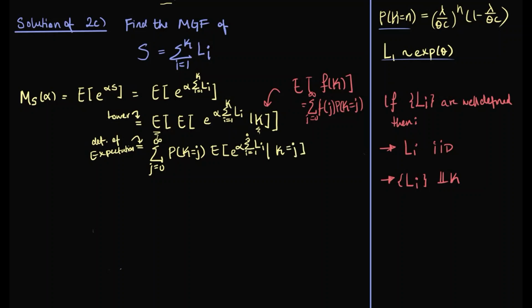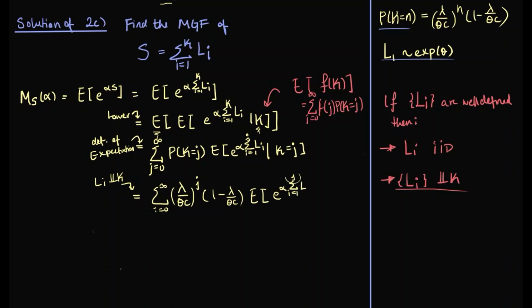The nice thing to note here is that the Li's are in fact independent of K, and because they are, we can remove the condition here. Also, let us plug in the probability that K is equal to j using the probability function that we found before. Then what we get is this.